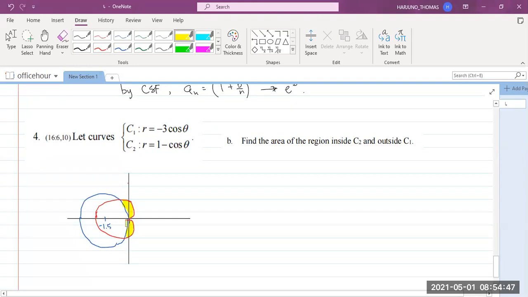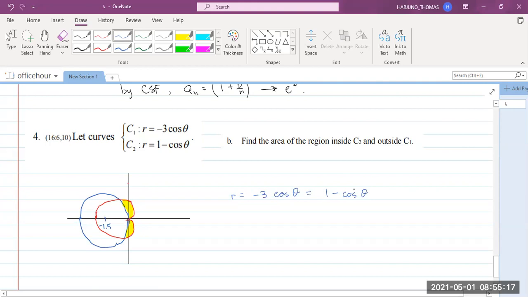Later on, our integral will be, let me solve it first. r equals -3 cosine theta equals 1 minus cosine theta.